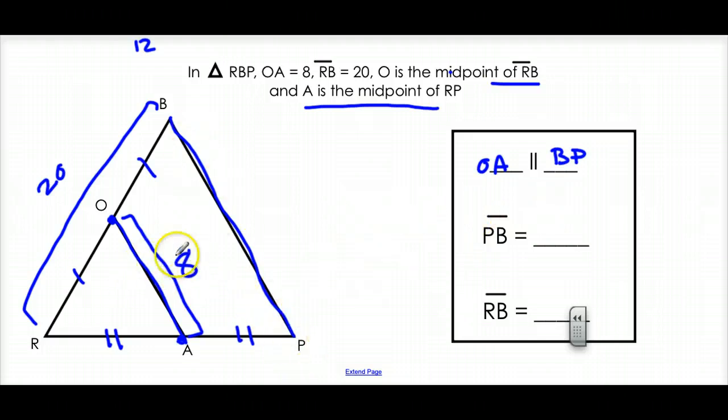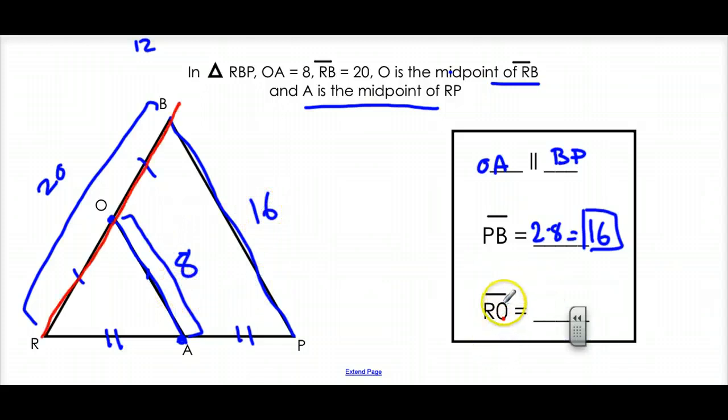Well, we know our midsegment's 8, right? So if our midsegment's 8, we know BP is going to have to be twice that length. So we would just do 2 times 8 because the base is twice the length of the midsegment, and that would give us 16. And just in case that doesn't make sense, what's half of 16? 8.